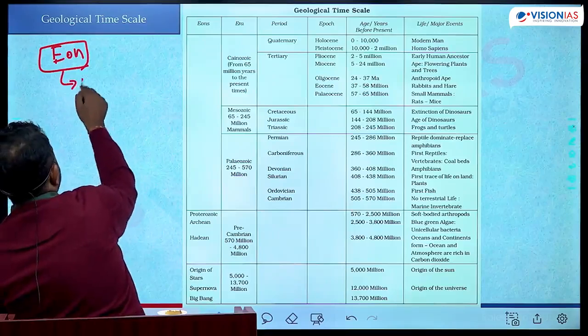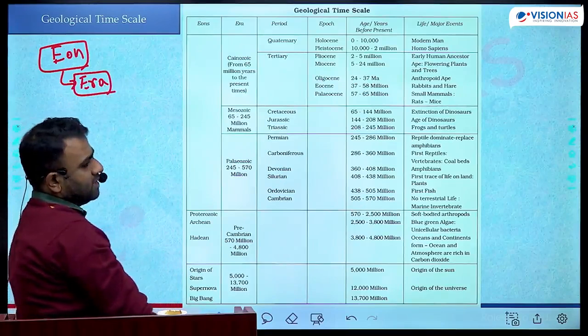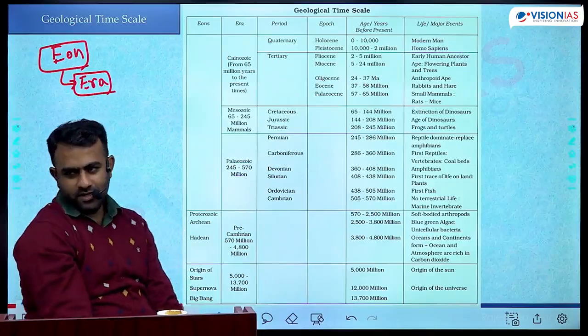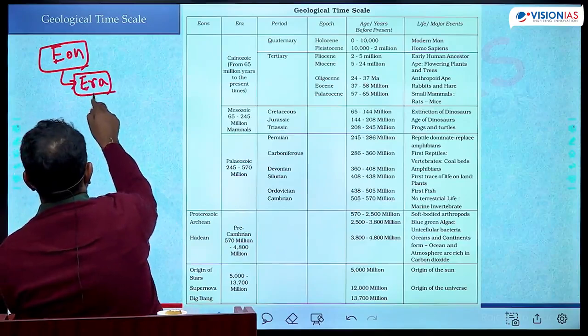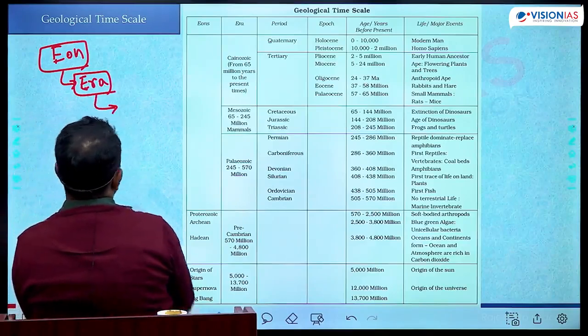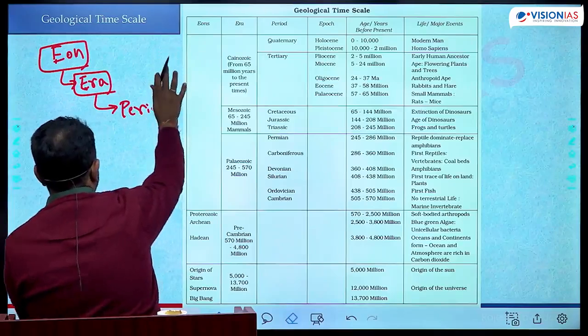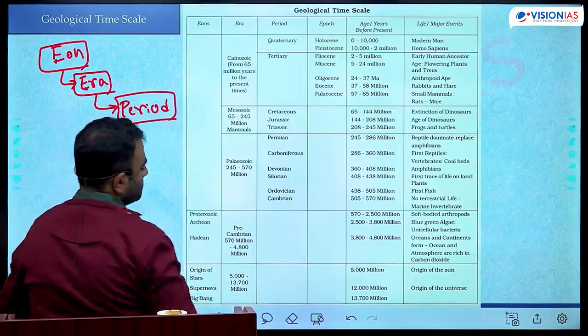Eon is further divided into era. One era is approximately 200 to 250 million years. So please remember this next time when you say end of an era. Era is further divided into period.